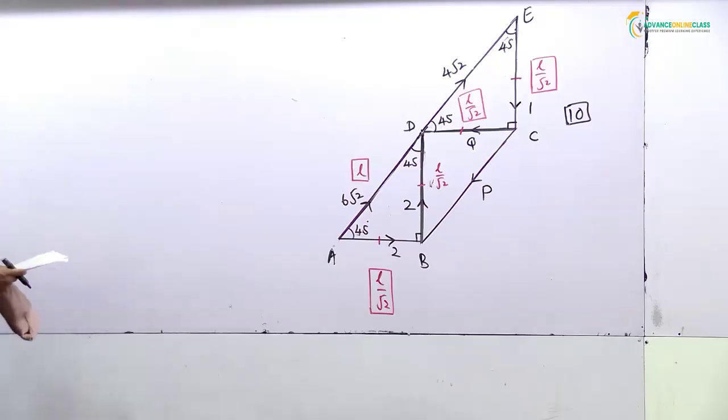Right. First we take around B. Around B should be 0.